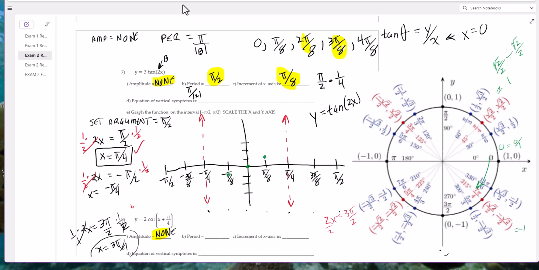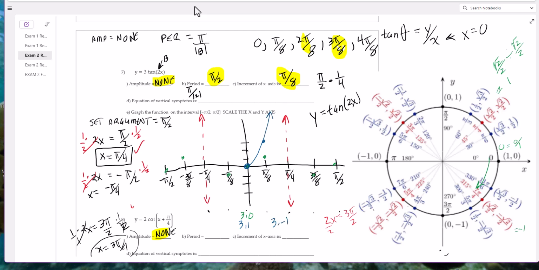Now, what I'm going to do is just do this in my head. Let's start here. If I do 3 times 0, that's still 0. If I do 3 times 1, that's going to move that up to 3, so that part of the graph is going to look like that. If I do 3 times -1, that'll move like that. So that's how that part of the graph will go.